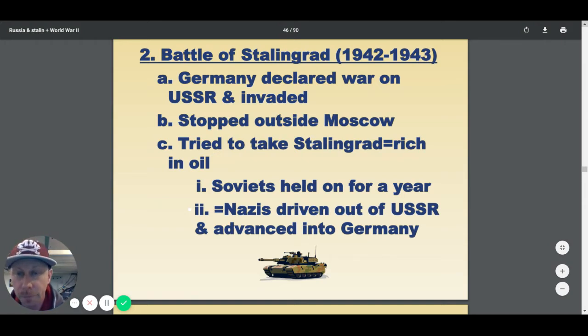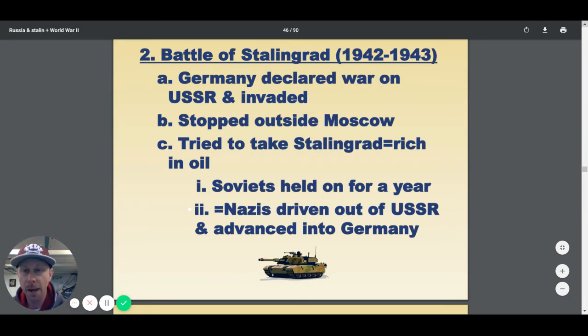So the Soviet Union was invaded by the Nazi German 6th Army Division, and the Red Army of the Soviets were fighting in what was a really crazy, bloody battle in Stalingrad. And the Nazis used the Luftwaffe to bomb Stalingrad into rubble.